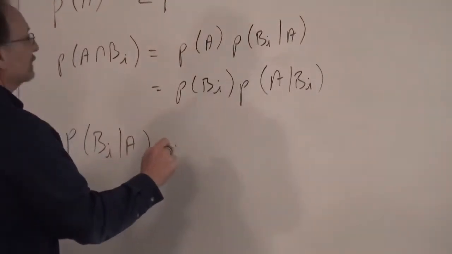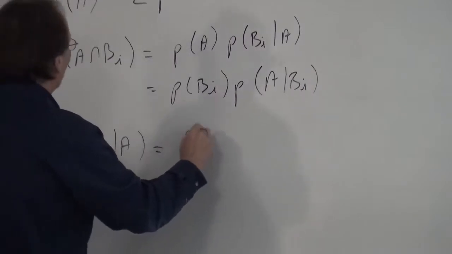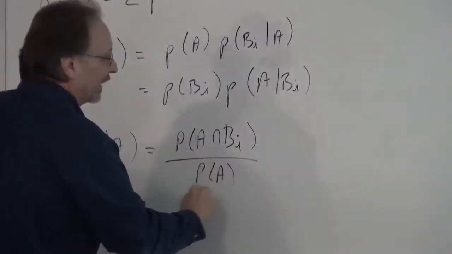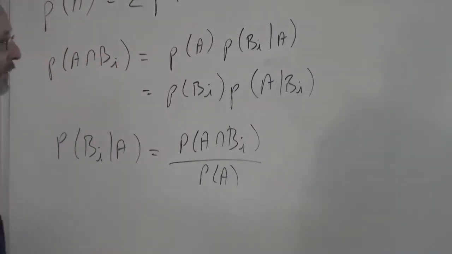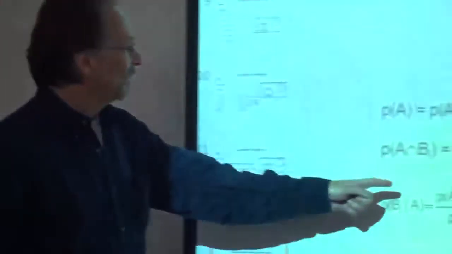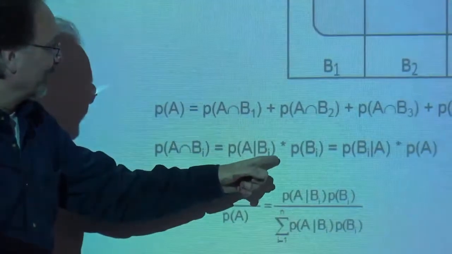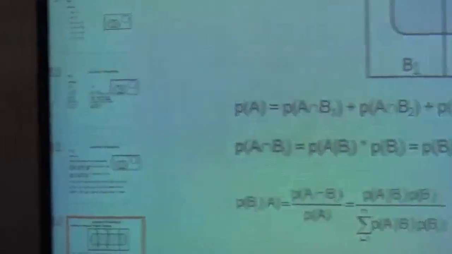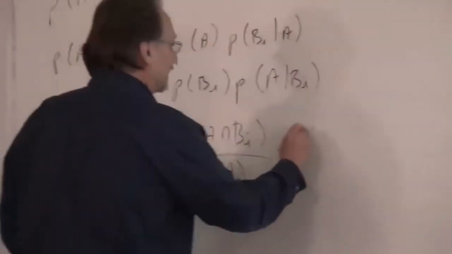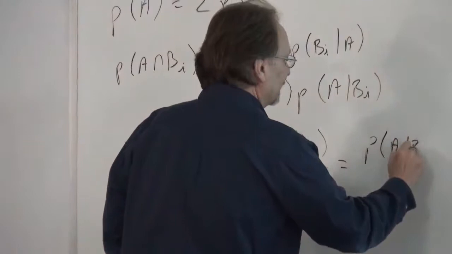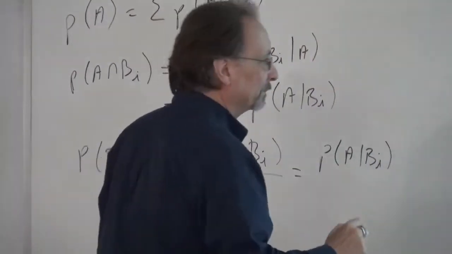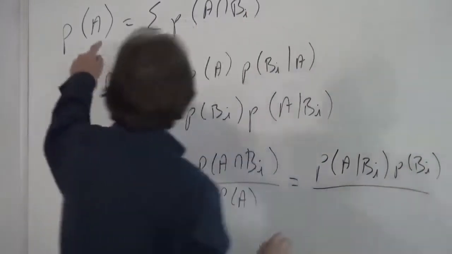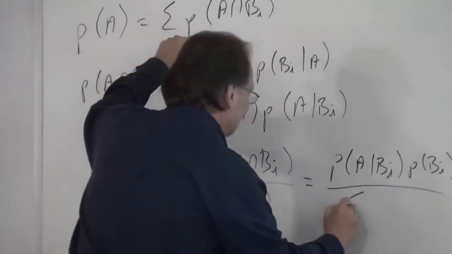And you can then make A intersect B sub I equal to this relationship right here, over this summation.